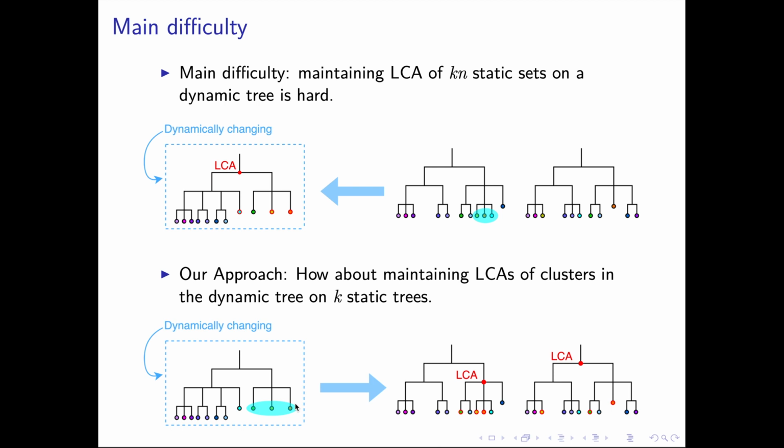Namely, we conversely maintain the LCA of all clusters in the dynamically changing consensus tree on those k input trees. For example, for this cluster here, we maintain its LCA on each of the input phylogenetic trees. And this is the motivation of our algorithm.